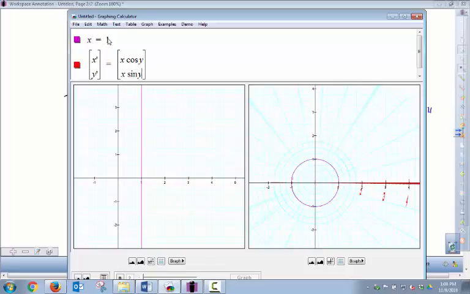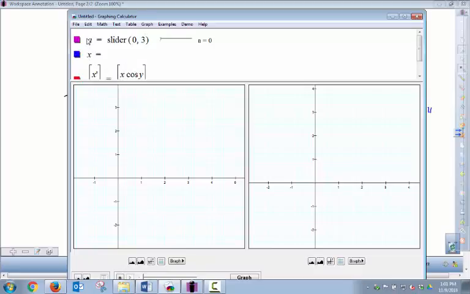And so what would be interesting to find out is, well, there's something interesting about this line. This is the purple line. Let me change that line. So if I have a line, okay, let's see.